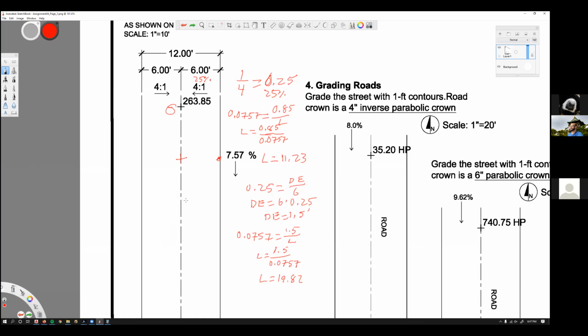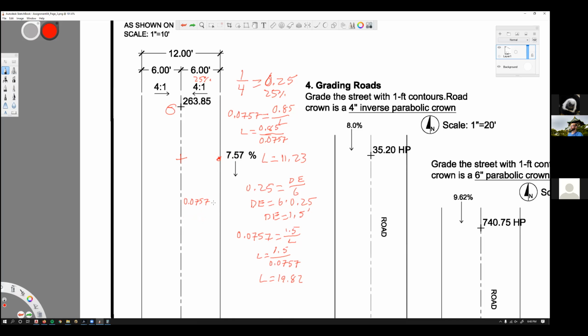So you have your 0.0757 over a difference in elevation of 1, and we want to figure out how far that's going. L equals 1 over 0.0757. Don't make the mistake of writing 0.757, because that decimal point has to move two spaces over.